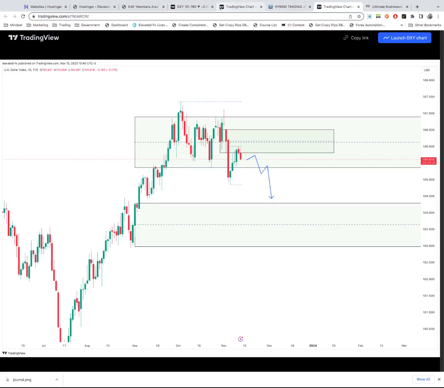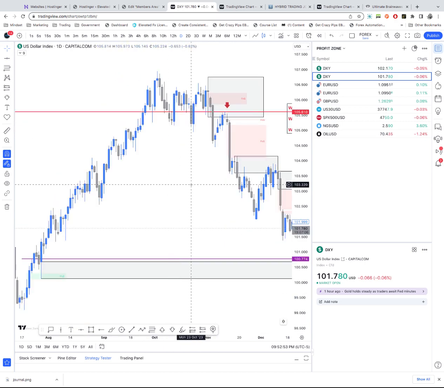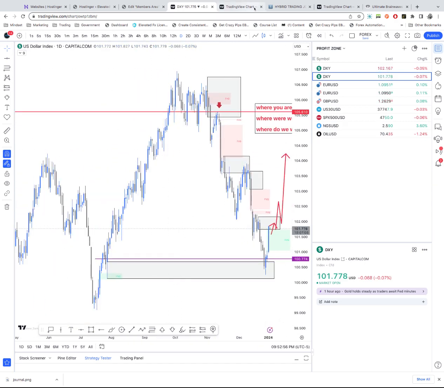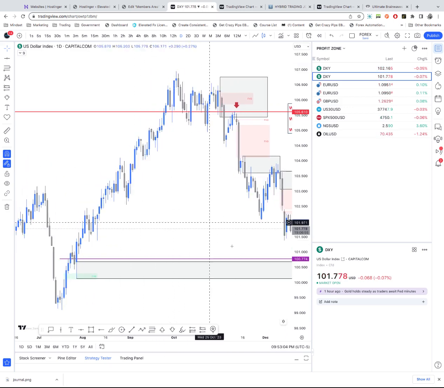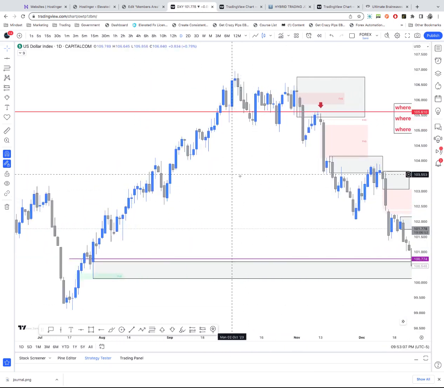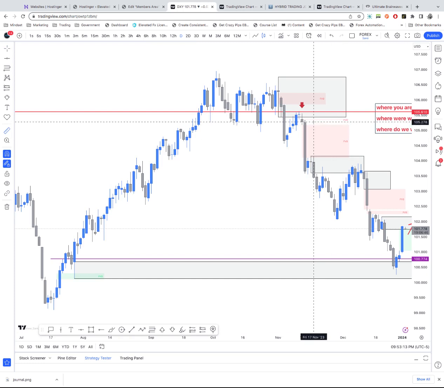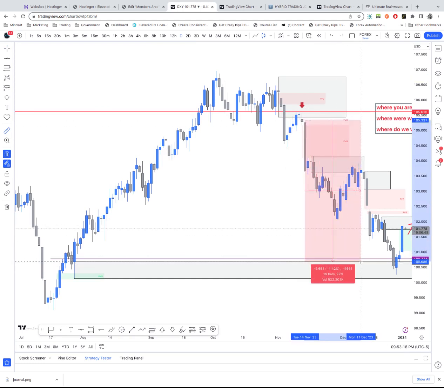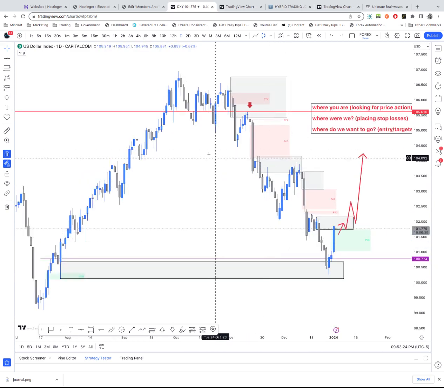So 105.61, let's say 105.61 was right here, right? And the projection was for price to go from 105.61 to 104.500 and possibly lower. And what we got was, that was when the dollar recently just dropped from this level all the way down to 101, 100.500, and started to turn around.